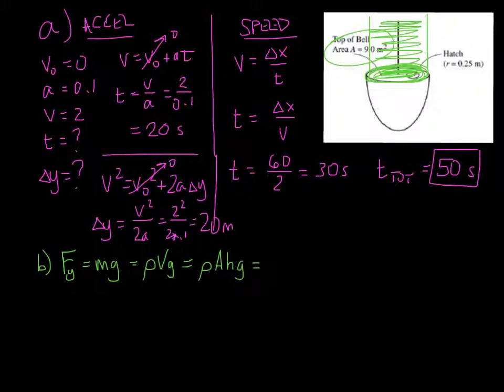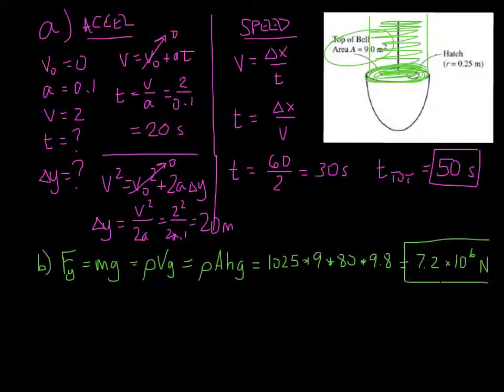So this is going to be 1,025 times the area, 9, times the height, 80, times the 9.8, and you get an answer of 7.2 times 10 to the 6 newtons.